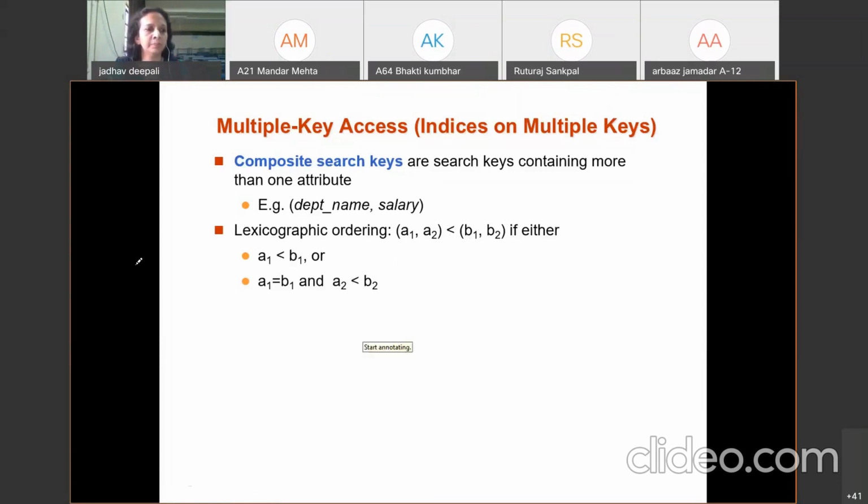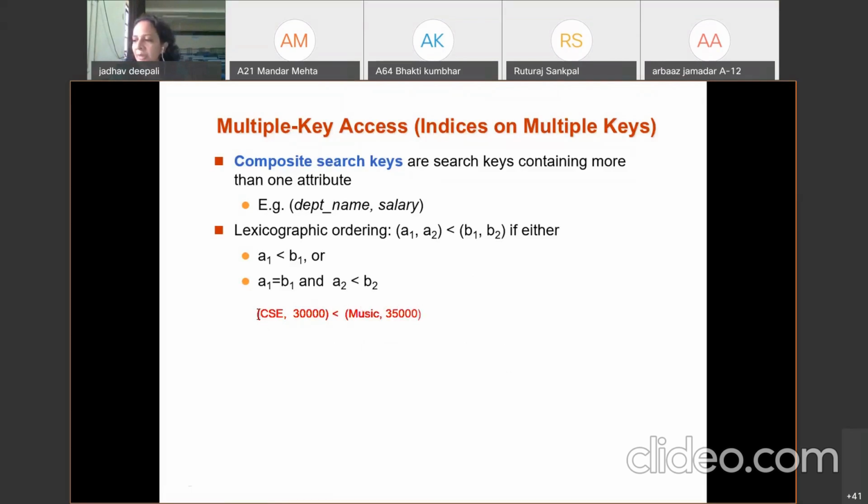Now see with an example. Suppose we first consider A1 and CSE, comma, 30,000 salary. It is always less than music, comma, 30,000. Correct? Here, A1 is less than B1.